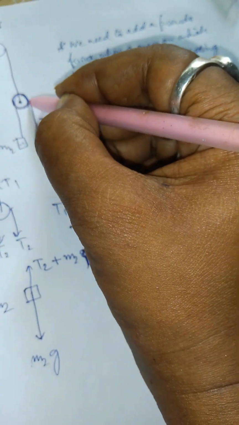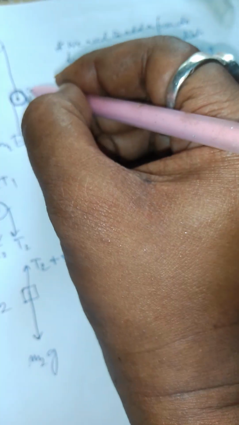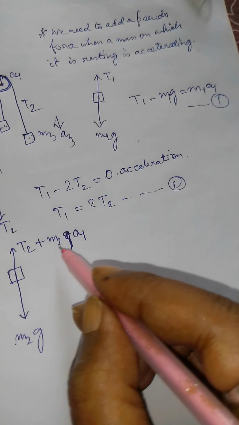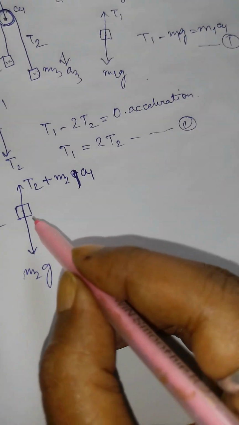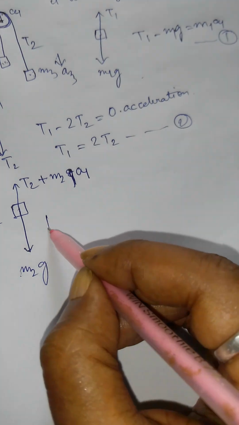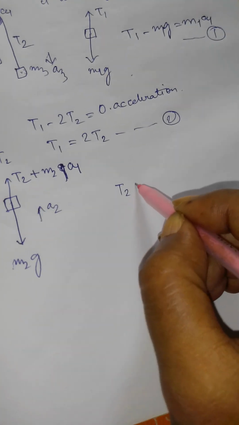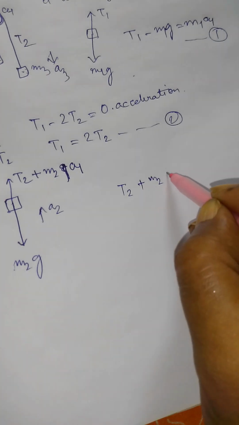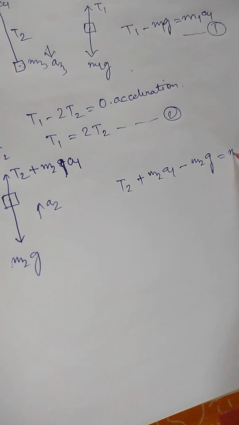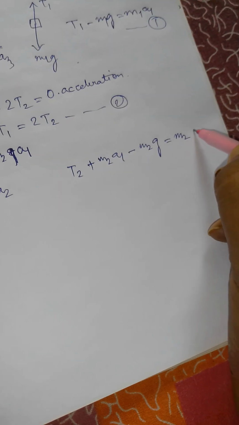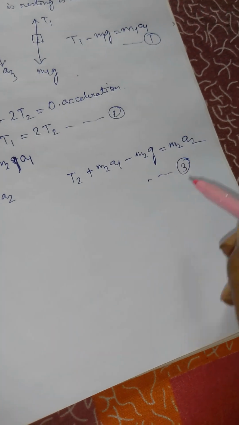Here it is the pulley, so the pulley's acceleration is a1, because this is a1, this is a1. Okay, so this is M2a1. Fine. So acceleration is a2 upward, which implies we have T2 plus M2a1 minus M2g equals M2a2. Fine, we got another equation, equation 3.